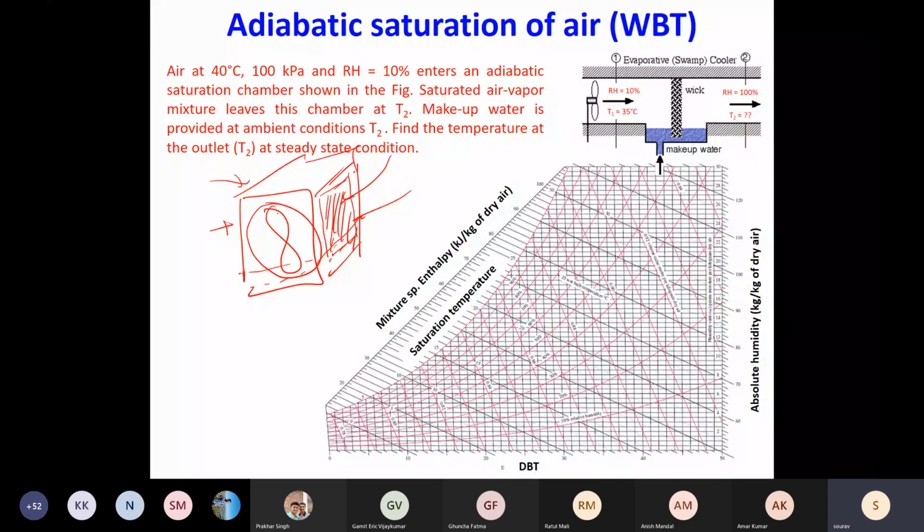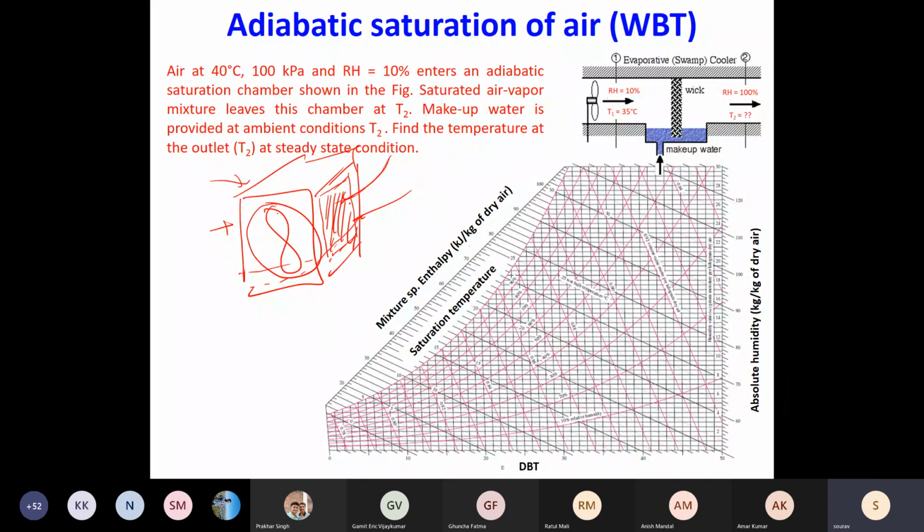Various structures are available. So basically, you require a porous media, which allows air to pass through it, and it can also hold water. So you have air blowing over this wet material, and it picks up moisture.